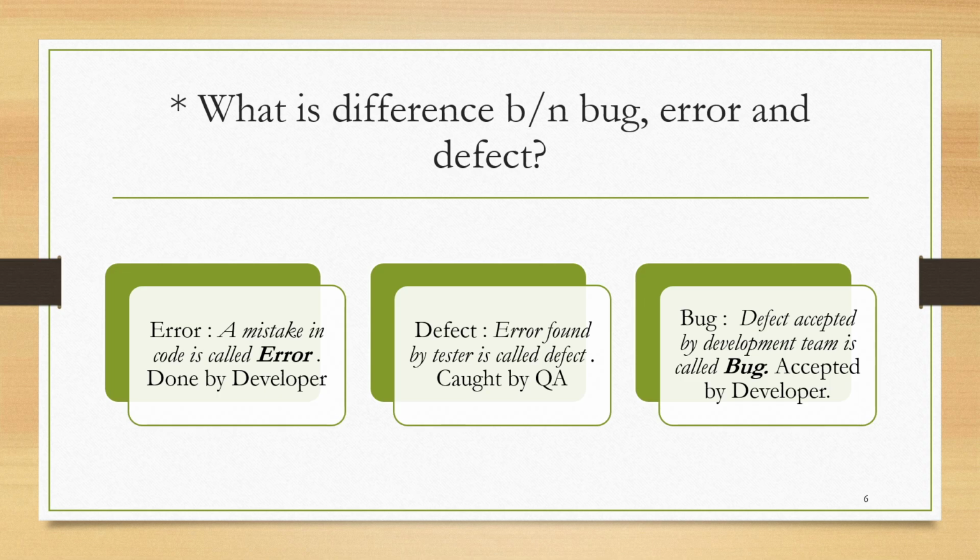So when a QA catches an error, it is called a defect. Then the QA will report that defect, and if it is accepted by the development team, it is called a bug. So just remember that an error is a mistake in the code, a defect is the error found by the tester, and a bug is the defect accepted by the developer. It's a very simple but very confusing topic, so give special attention to this question.